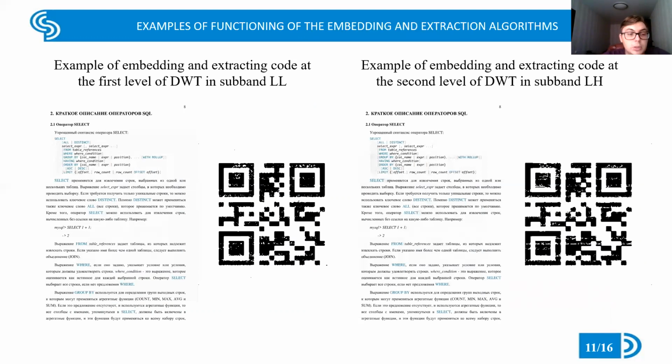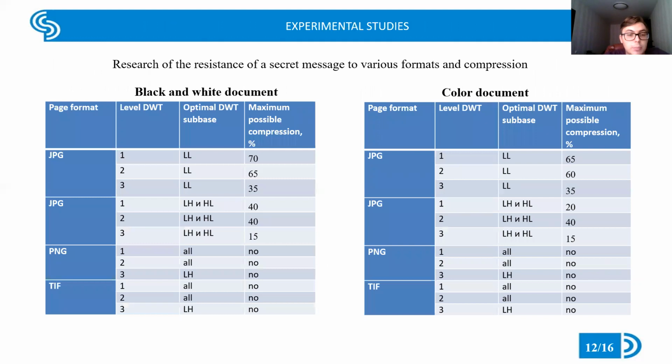A JPEG page with an embedded QR code was compressed at 3 discrete wavelet transformation levels according to the results of the experiments presented in tables. Several conclusions can be drawn. The method has resistance to compression.